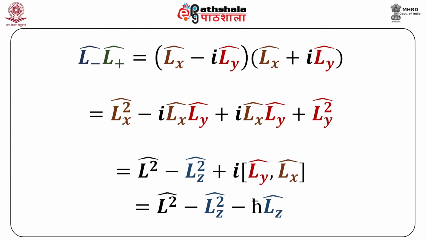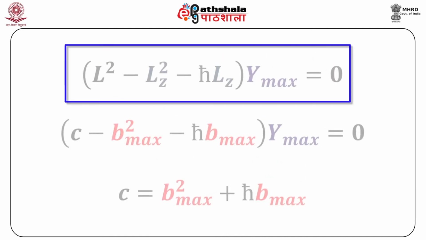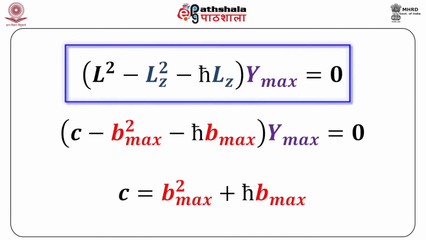And with this we obtain the final expression for the multiplication of ladder operators as L minus L plus equals L square minus Lz square minus h cross Lz. With this the expression now becomes (L square minus Lz square minus h cross Lz) ψmax equals 0.